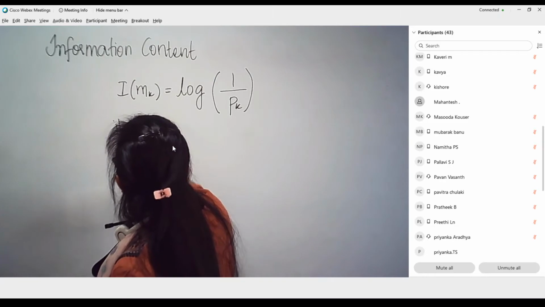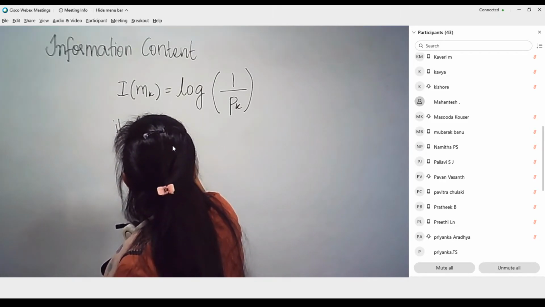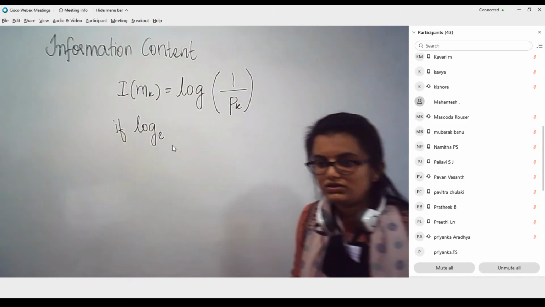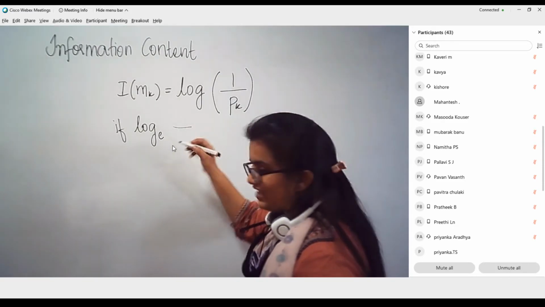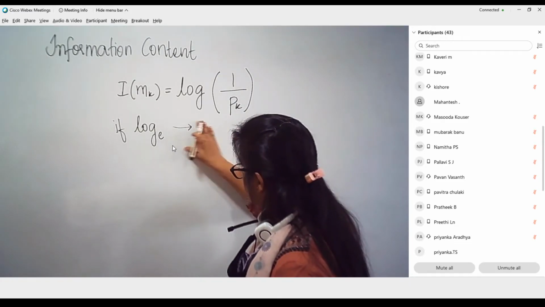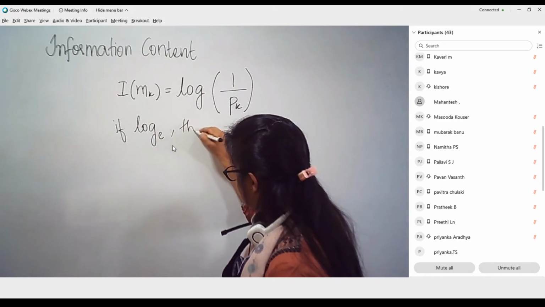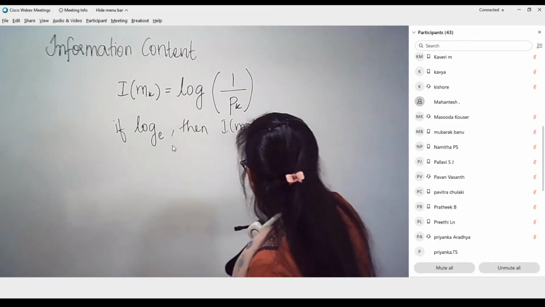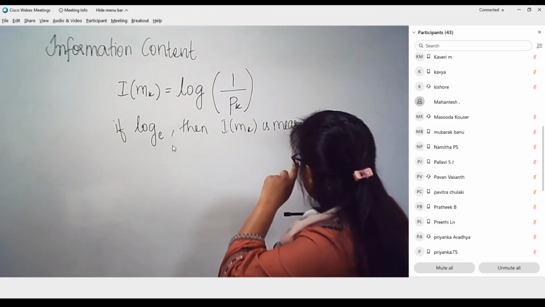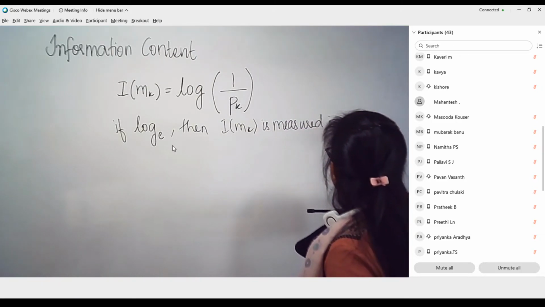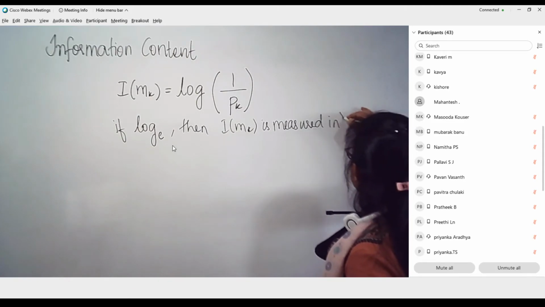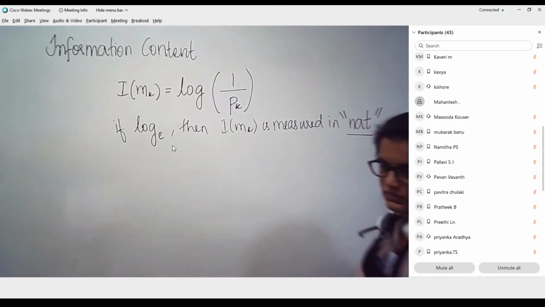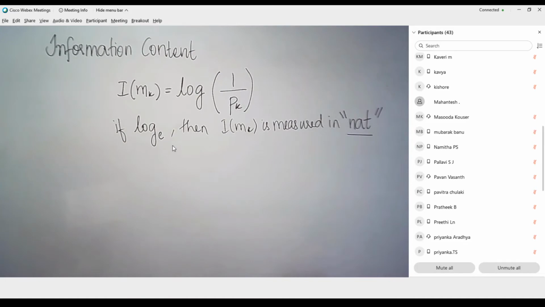If I am going to use log to base e, a natural logarithm, then I of m of k is measured in nats. It is measured in nats.